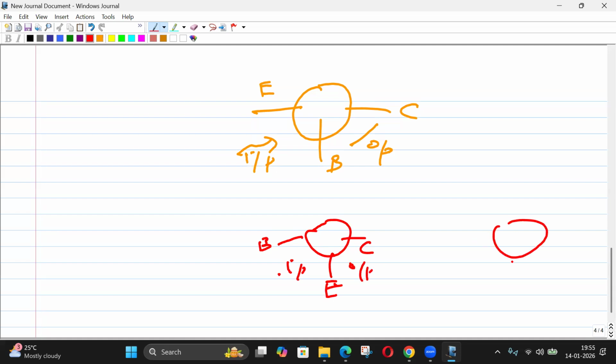The third possibility is the collector is in the middle, the emitter is the input, and, sorry, the base is the input.